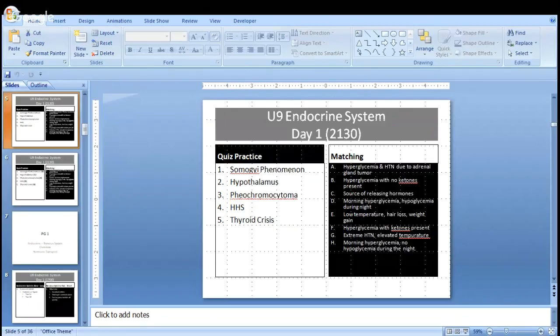So the hypothalamus, I know, of course. The thyroid crisis. Releasing hormones. The hypothalamus is C, the source of releasing hormones. It has all the releasing hormones. Then morning hyperglycemia, hypoglycemia during the night.